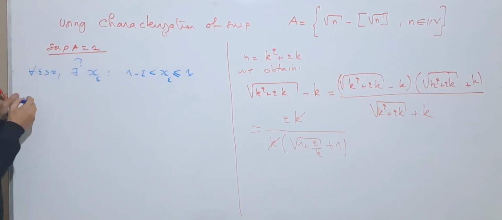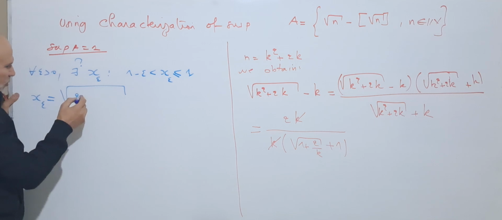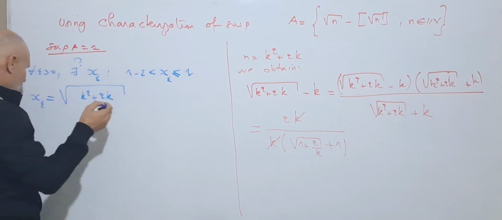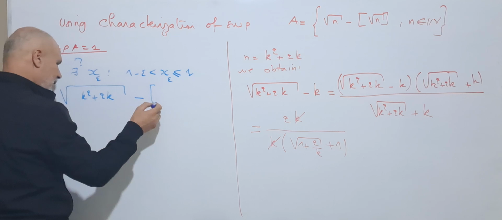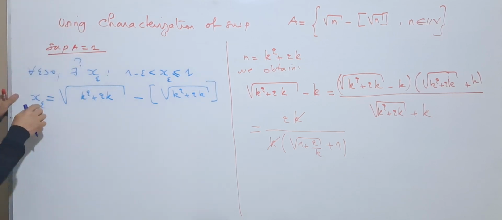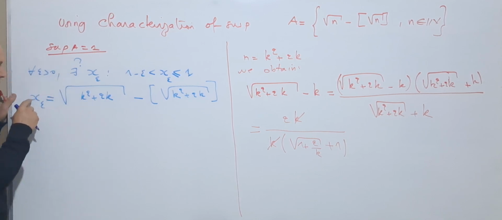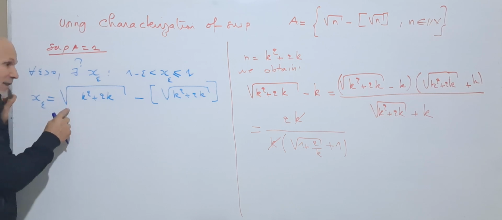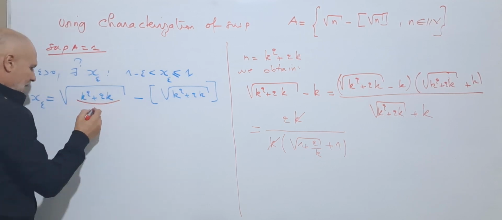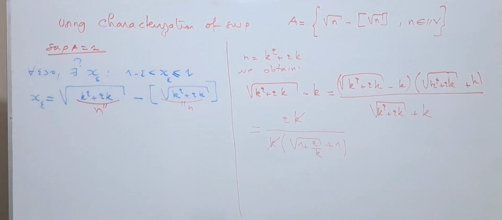Here we take x epsilon from this form, the square root of k squared plus 2k minus the integer part of it. The question is whether we can find k such that x epsilon, which takes this form, verifies this. For this special form, we need just one element. Don't forget this.